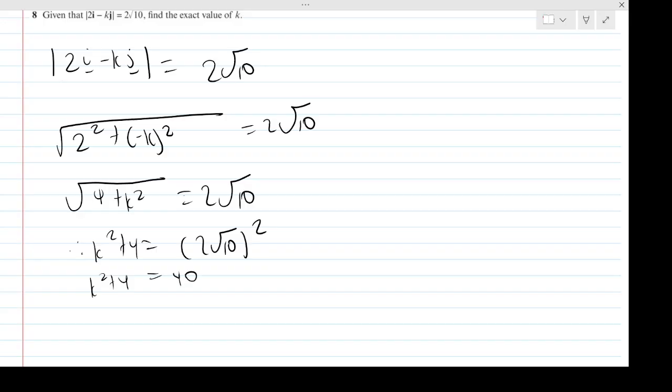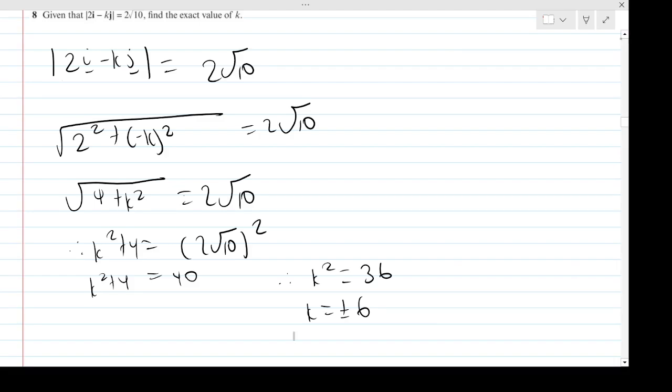So therefore I can subtract 4 from both sides. So then k squared is going to be 36. So then k is going to be plus or minus root 36. Well, root 36 is 6. So we get plus or minus 6. And so that is my answer. So k is plus or minus 6.